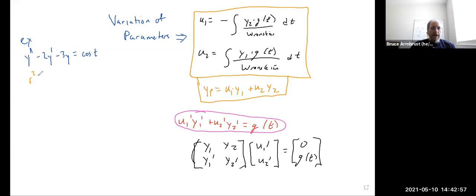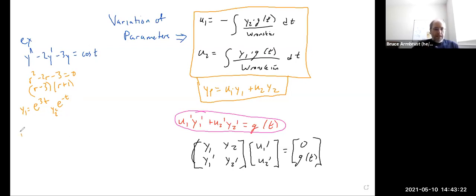Okay, so start by finding your homogeneous solution. So we get e to the 3t, e to the minus t. So that's y1 and y2. You can actually label them whichever way you want. It doesn't really matter.